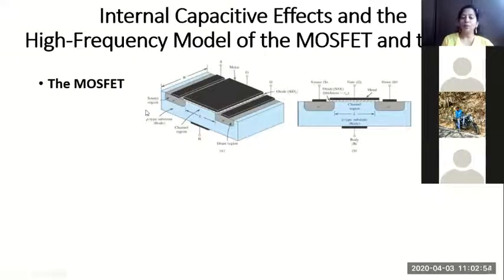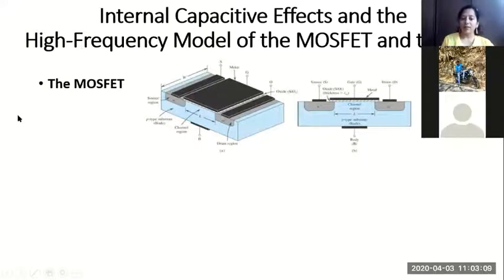So there will always be some capacitance developed whenever there is a PN junction and a depletion layer formed in the PN junction. So please remember, the source and the substrate has one PN junction, and the drain and substrate will have another PN junction, and both PN junctions will act like parallel plate capacitors.